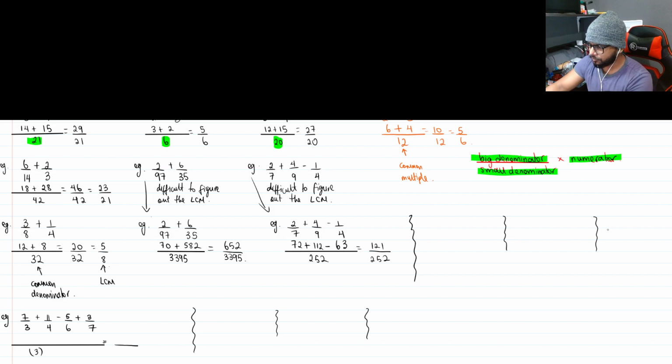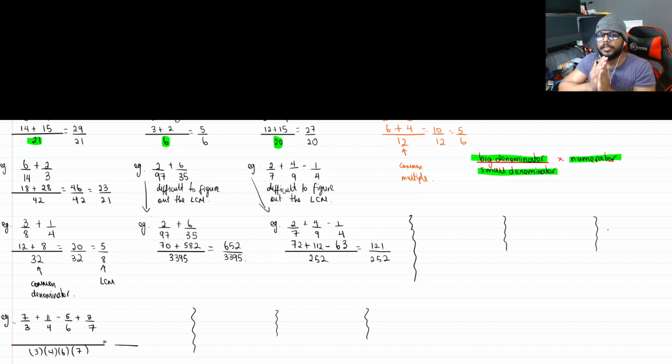3 multiplied by 4 multiplied by 6 multiplied by 7. If I were to multiply it out, I will get some common denominator, but I'm expressing it like this for a particular reason.